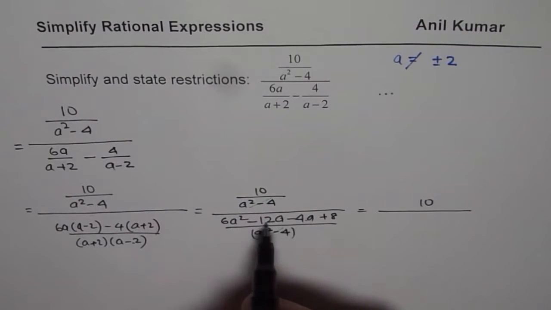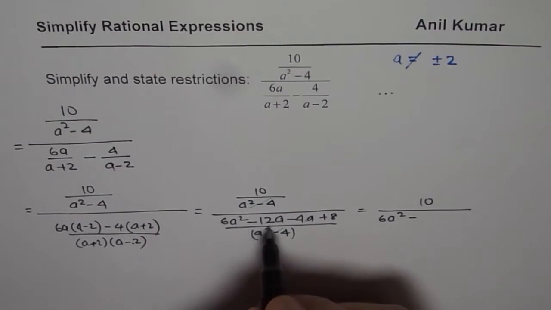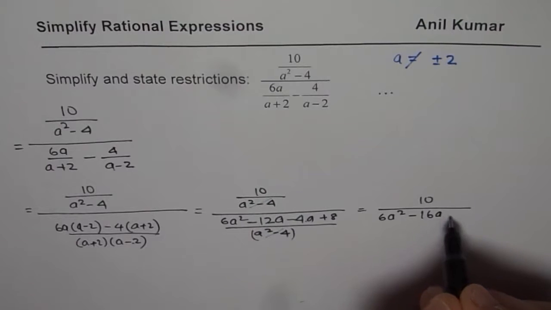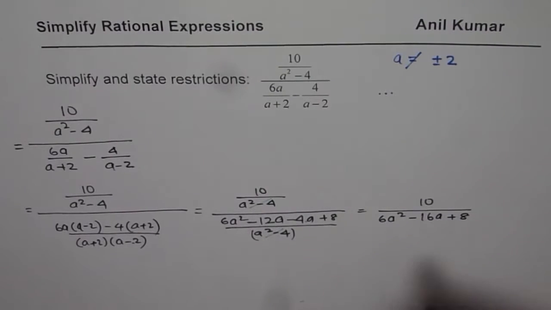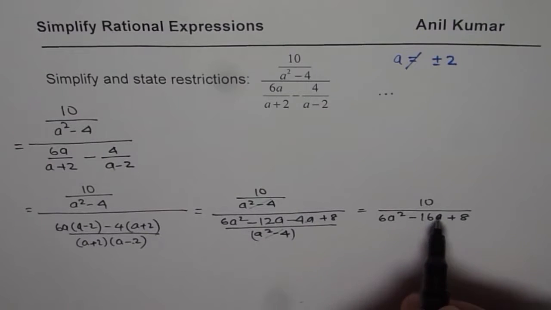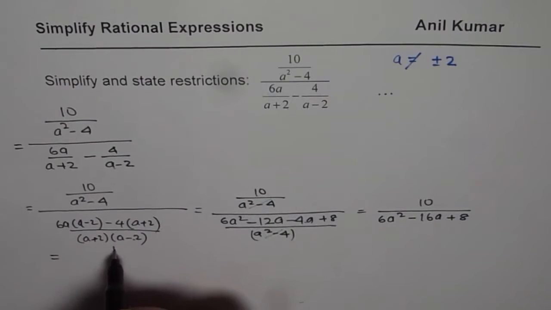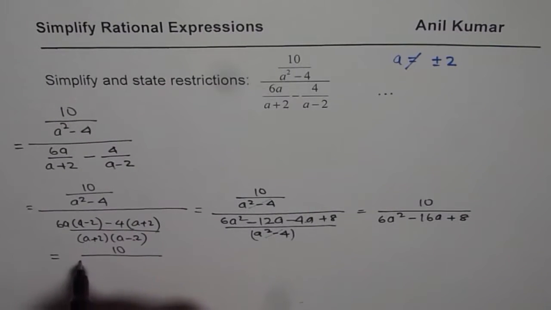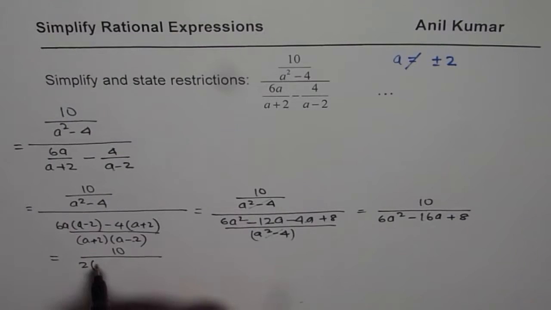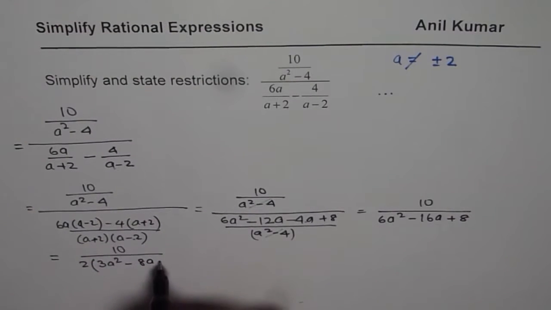So what you're left with is 10 divided by all this. Let me combine these two terms and write this as 6a square minus 12 and 4 is 16a plus 8. Now, we could factor 2 from here, right? So let me factor 2 and rewrite the expression as 10 divided by 2 times 3a square minus 8a plus 4.